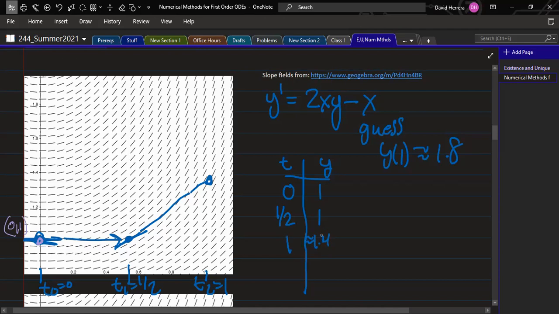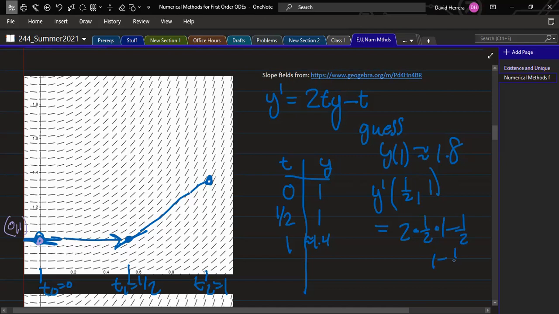If I want to calculate exactly what it is, I calculate y prime at this point here. I'm using t here, so maybe I should just stick with t. So at 1/2, and then height 1, I just plug it into this expression: 2 times 1/2 times 1 minus 1/2.